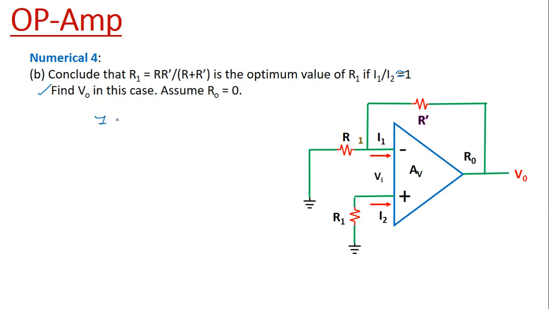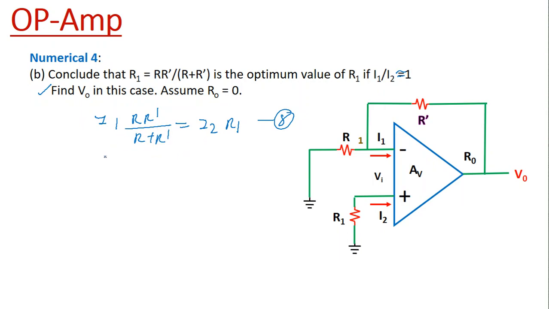This was our equation number 8: I1 into R dash divided by R plus R dash is equal to I2 R1.